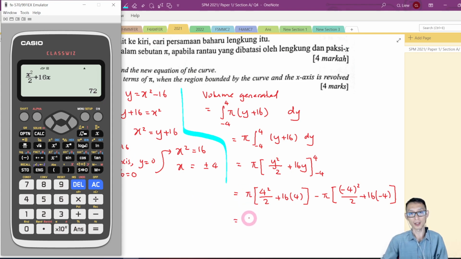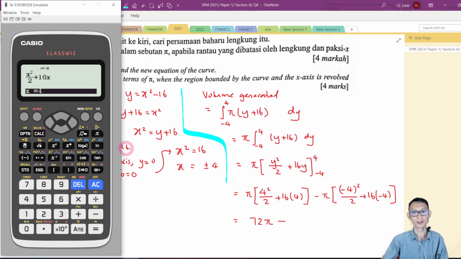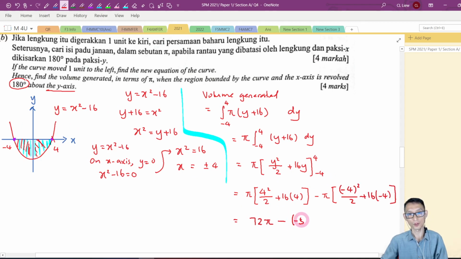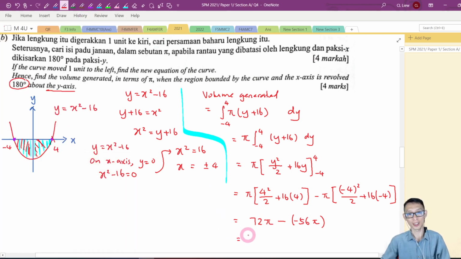Don't forget to copy the pi, 72 pi, followed by the minus sign. Press calculate again. Now negative 4, negative 56. Don't forget the pi. Okay, so just press your calculator: 72 minus negative 56, which is equal to 128. 128 pi. Okay, so this is the answer for part B.